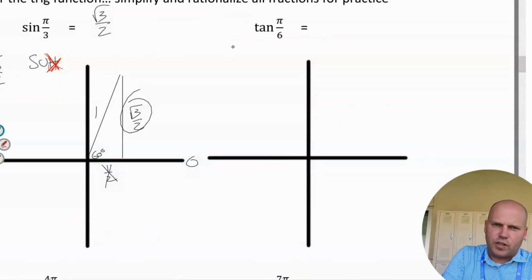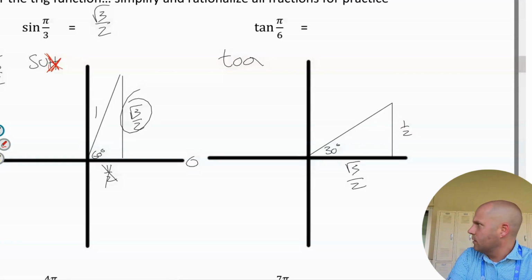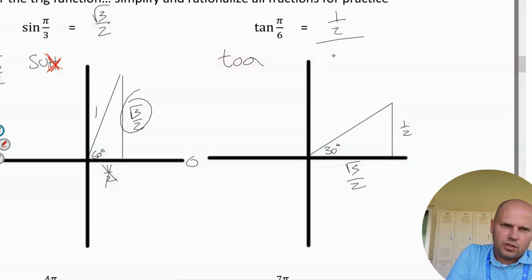Tangent is a little bit more difficult because it's the TOA, which means it's opposite and adjacent, which means the fact that the hypotenuse is 1 does not help us. The opposite is the shorter side length. The adjacent is the longer side length here. Let's just remember how to divide fractions. Dividing is the same as multiplying by the reciprocal.